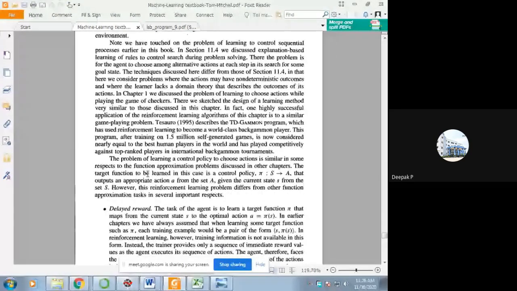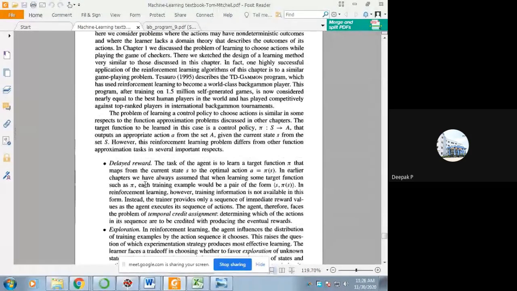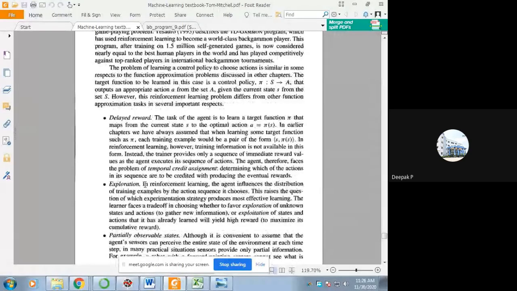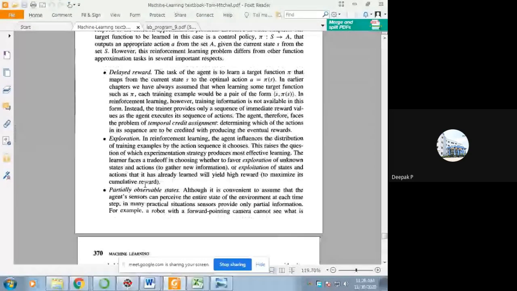The problem with respect to the learning algorithm is how the robot has to apply the control policy and how it chooses actions in such a way that the function is learned by the control policy. Based on that, we have three different aspects: delayed reward, exploration, and partially observable state.